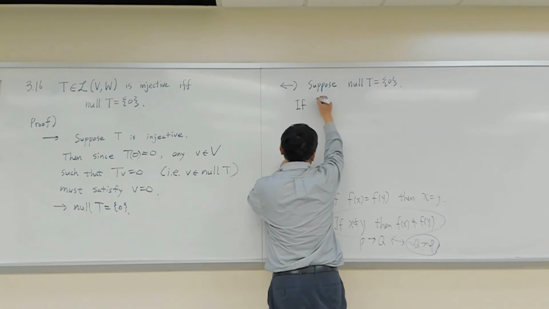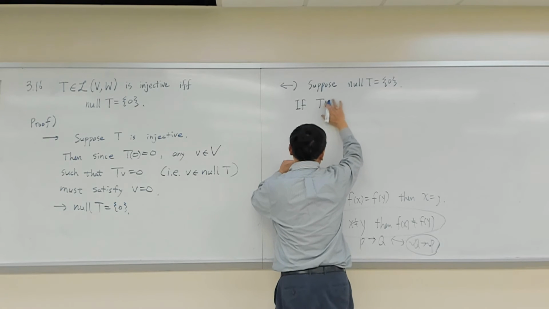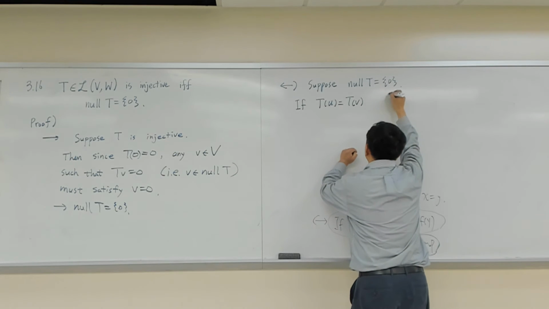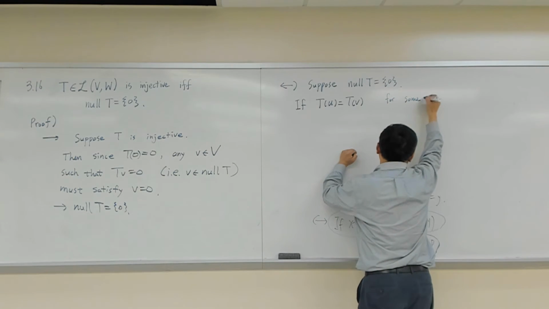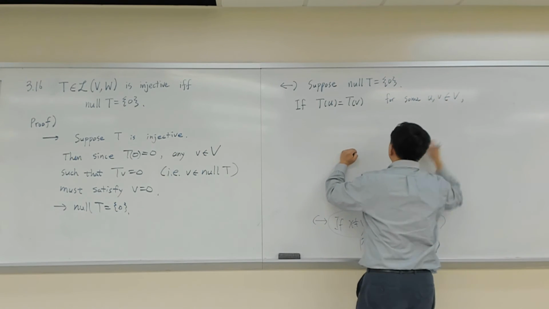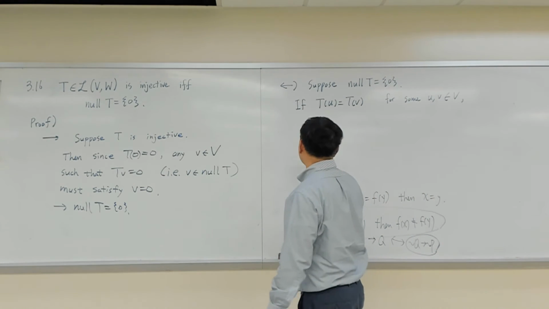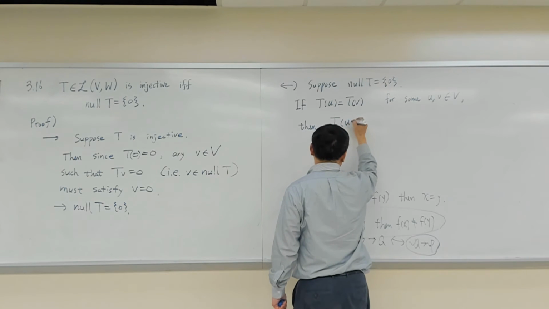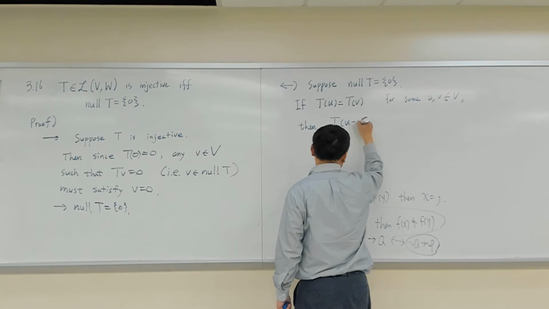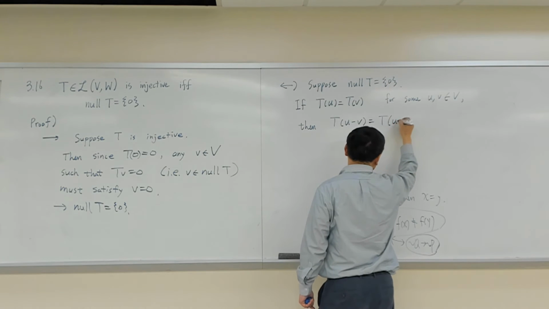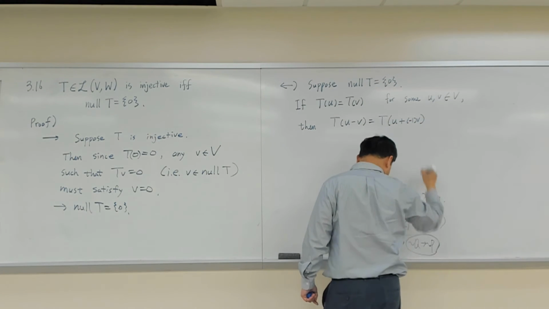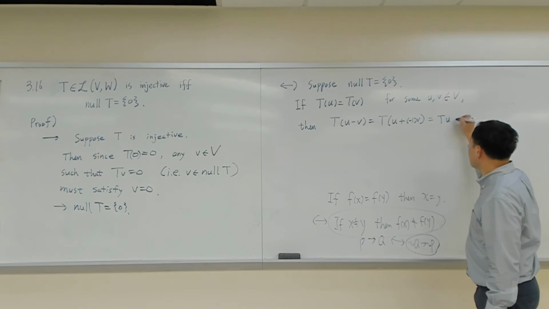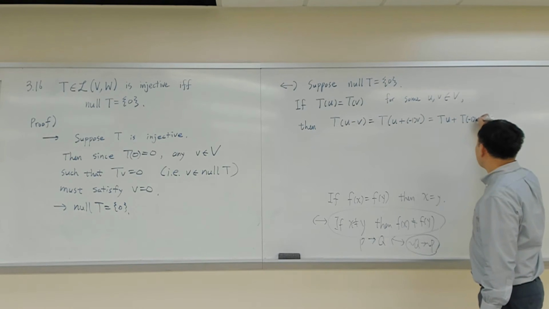If T of u is equal to T of v for some u, v in V, then T of u minus v, well, that's T of u plus negative 1 v, which by additivity is T of u plus T of negative 1 v.